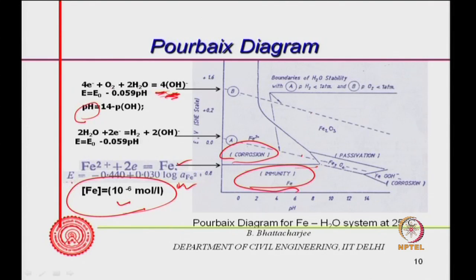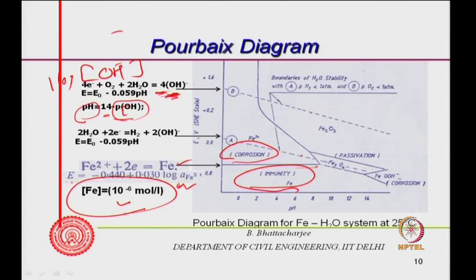So, the concentration of hydroxyl ion can be replaced by the concentration of hydrogen ion, and I know the negative of log hydrogen ion concentration is pH. So, pH can be replaced by 14 minus pOH, because this will be log of hydrogen ion concentration and negative of log of hydroxyl ion concentration, that can be written in pH terms. So, you can see that it is linearly varying with pH, E is equal to E0 minus 0.059 pH.